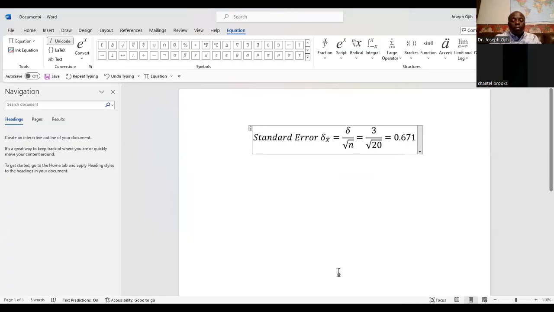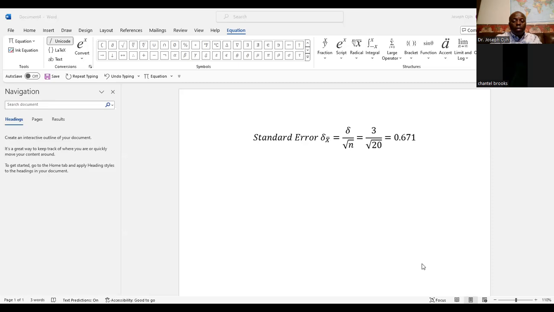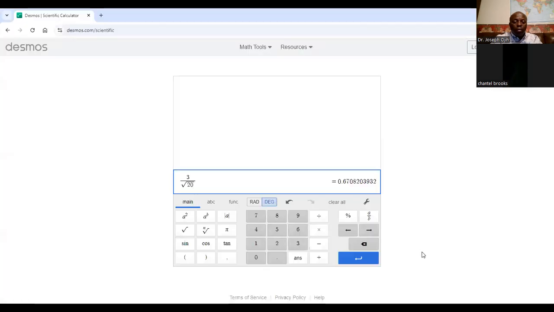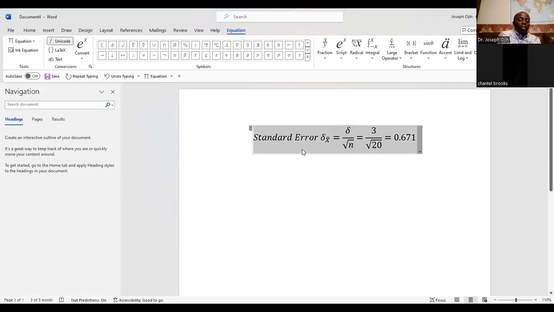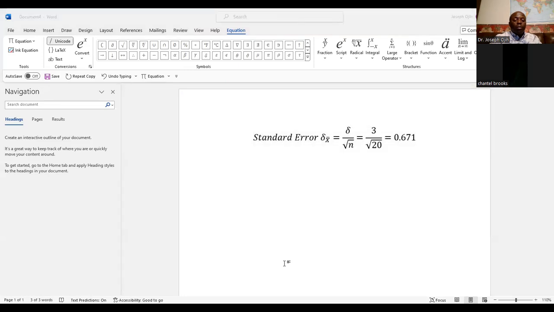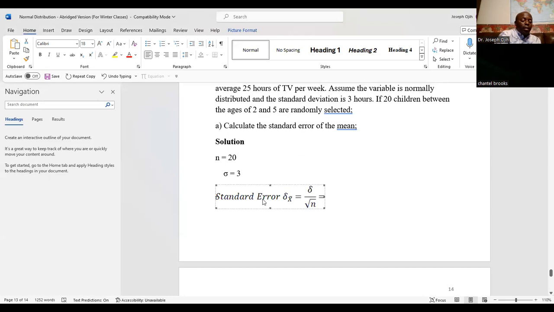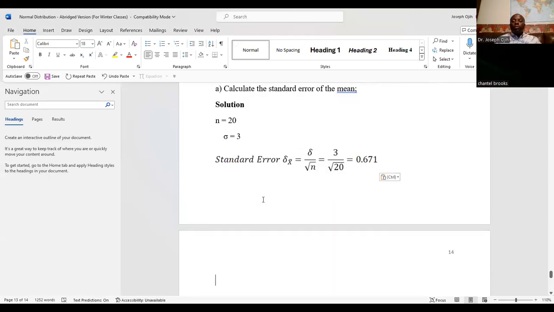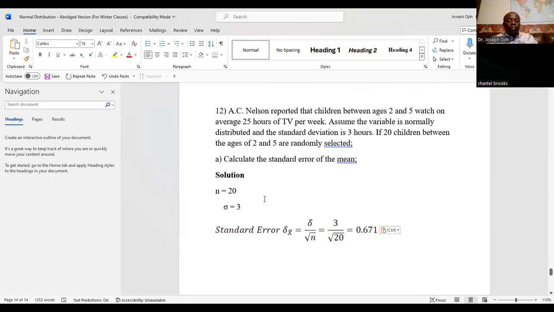That's what I got. 0.671. If you're asked to find the standard error of the mean, that's all you need to do. Divide the standard deviation by the square root of the sample size.